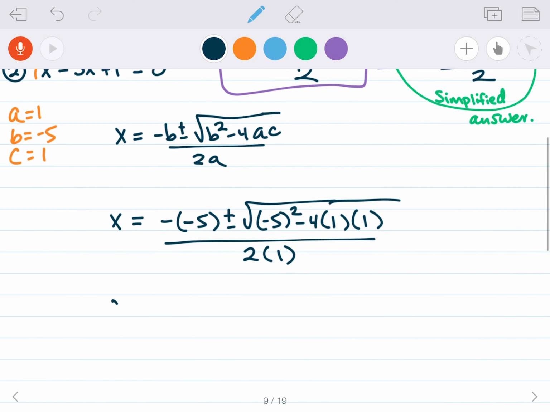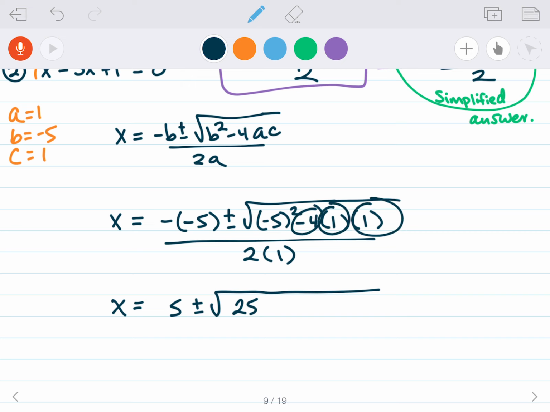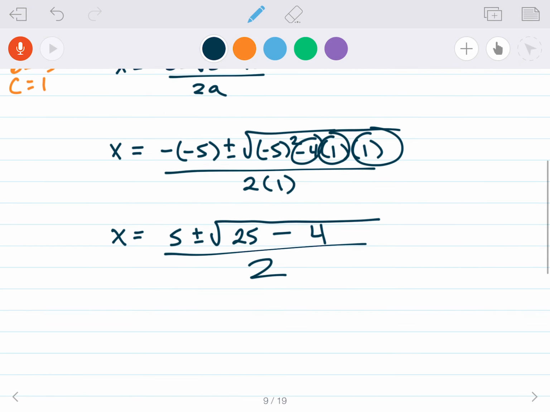Alright, so cleaning it up, on the outside those double negatives can become a positive 5. On the inside, -5 squared is 25. -4 times positive 1 times positive 1 is -4. All over 2 times 1 is 2. And we get x is equal to 5 plus or minus the square root of 21 all over 2.